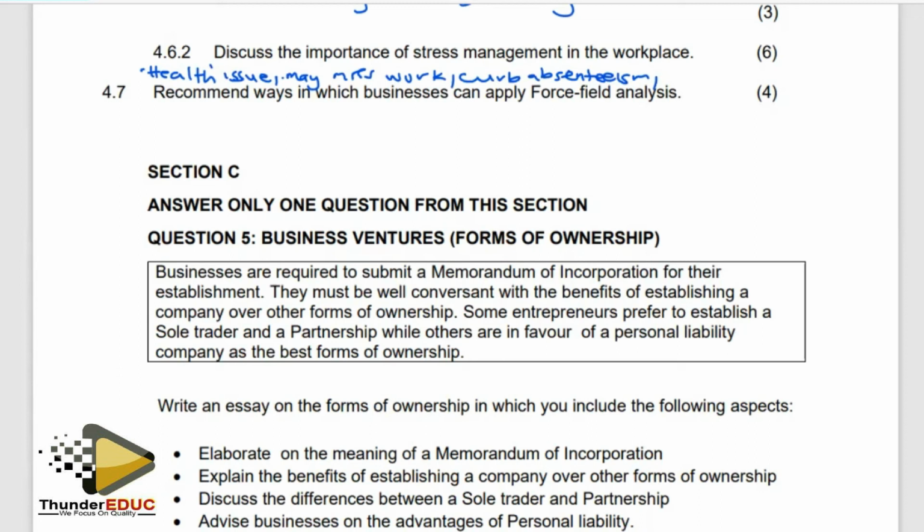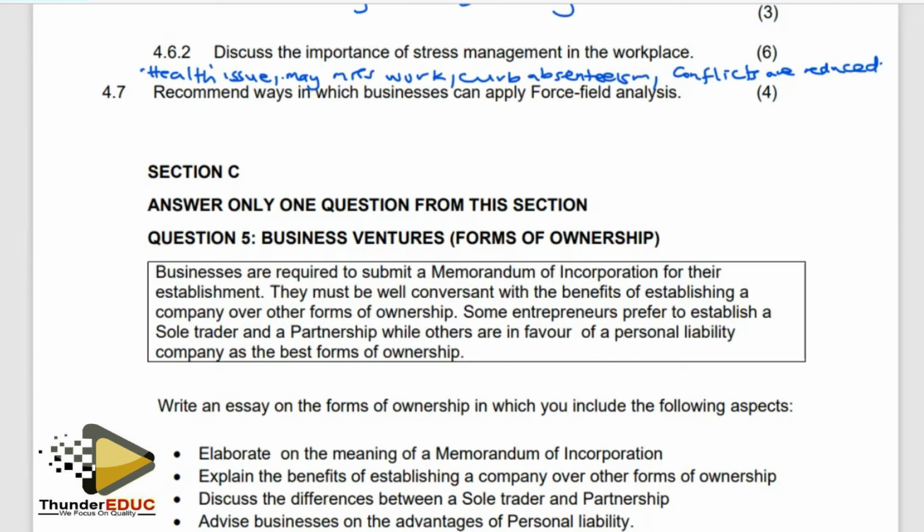It reduces conflicts. Conflicts are reduced and grievances at work are reduced. Very important. So it is important to control stress in the workplace.